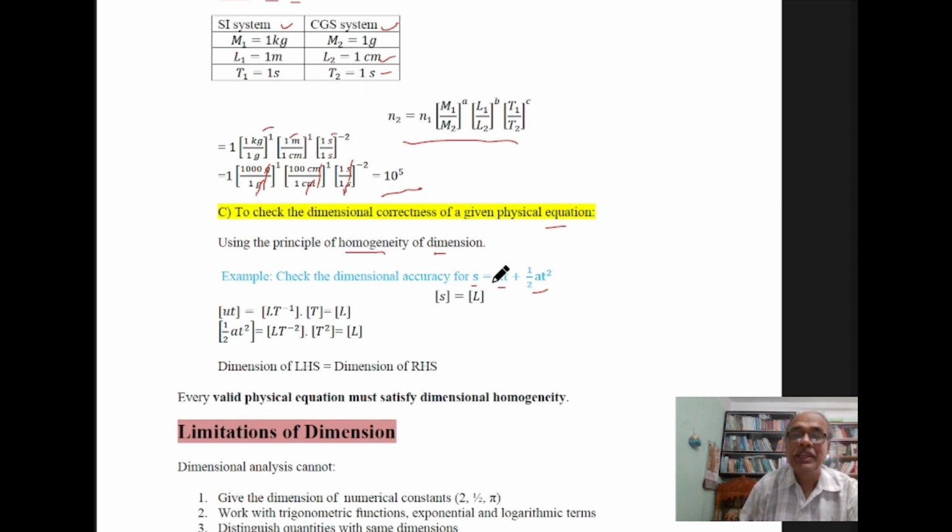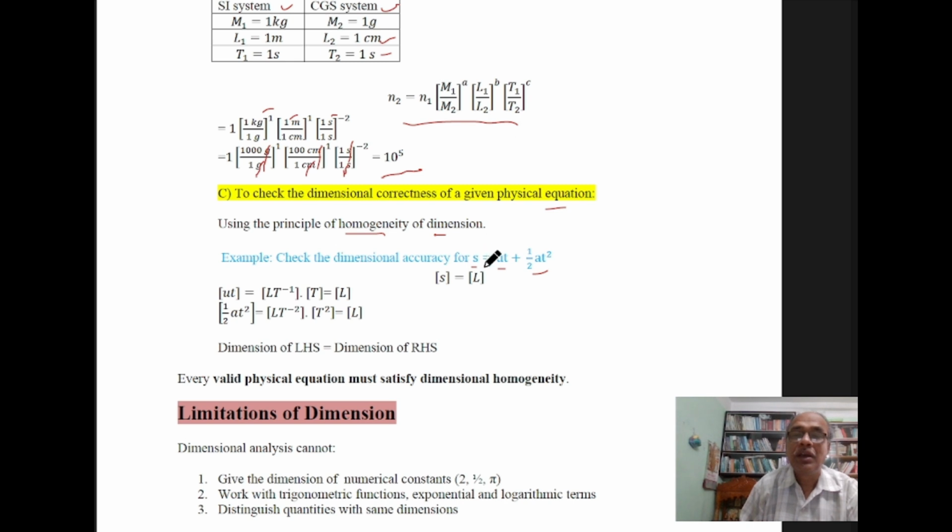Here you see we take the dimension of s. s means displacement, so the dimension is L. Then ut: u means velocity, so it is L T to the power minus 1 times T, so the dimension is L. Here half a t squared: half is a dimensionless quantity, and a is acceleration, L T to the minus 2, multiplied by t squared. So it is seen that the dimensions of these terms are the same. So the dimension of LHS equals the dimension of RHS.